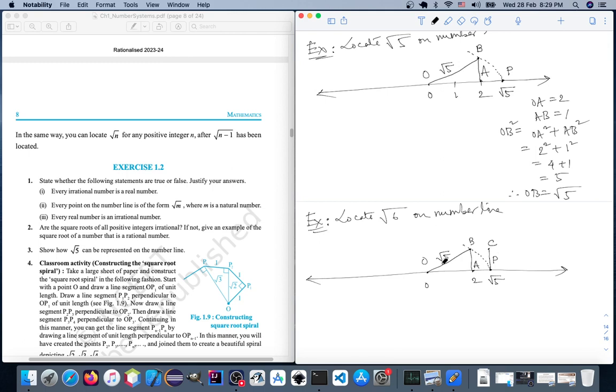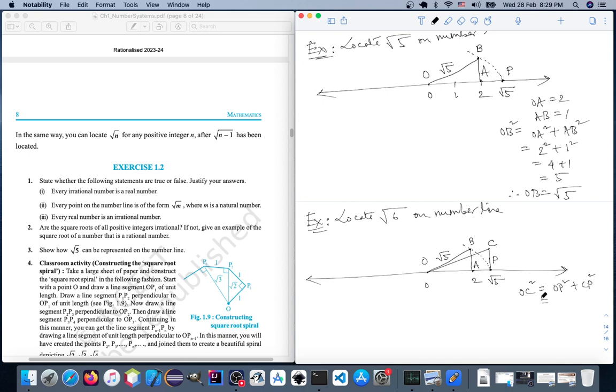Now if we join OC, in the right angle triangle OCP, according to Pythagoras theorem, OC square equals OP square plus CP square.